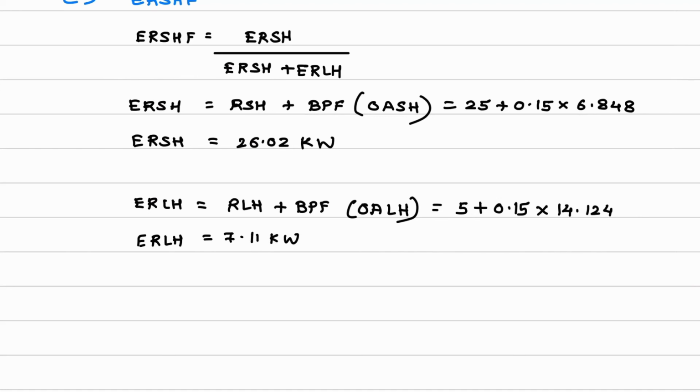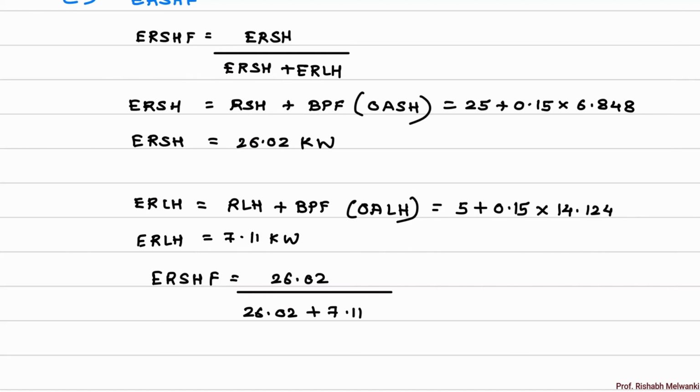Now after calculating effective room sensible heat and effective room latent heat, we can calculate effective room sensible heat factor. So substitute the values. ERSHF is equal to effective room sensible heat 26.02 upon effective room sensible heat 26.02 plus effective room latent heat 7.11.